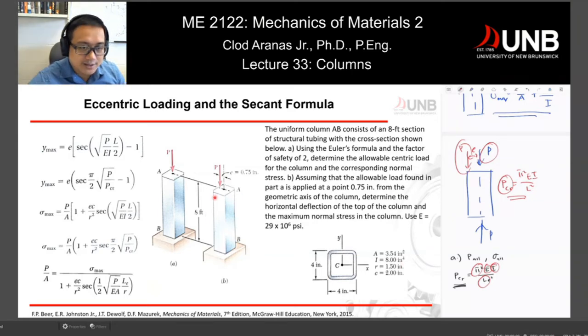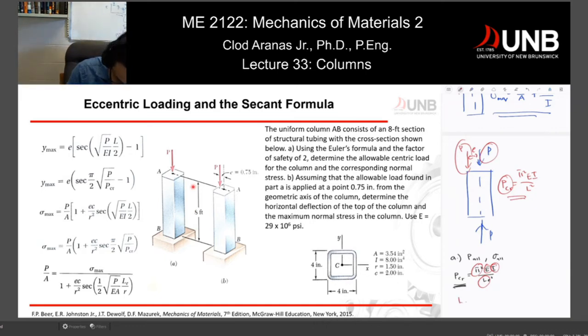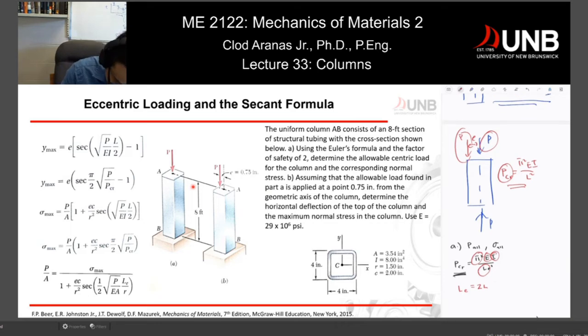In this particular case, your length is L, but your effective length is twice the length. And remember that for this particular column, you have LE equal to 2L because you have a fixed and a free end. So I'm just going to write fixed and then free end.